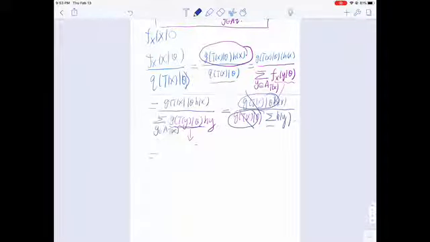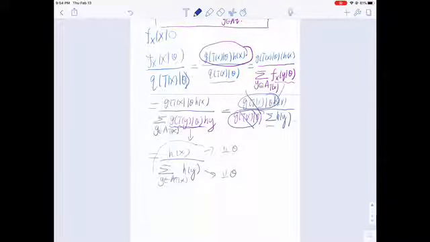What we are left with here is h of x and the sum of h of y, which by the factorization assumption does not depend on theta.